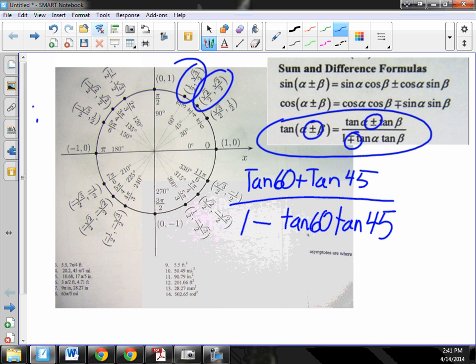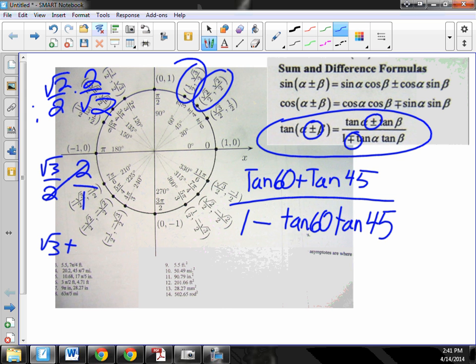So here is my 60 degree, and here is my 45 degree. So tangent of 60, root 3 over 2 multiplied by 2 over 1. Those cancel, and I'm left with root 3. That wasn't too bad. Plus tangent of 45. Well, it's root 2 over 2 times 2 over root 2.